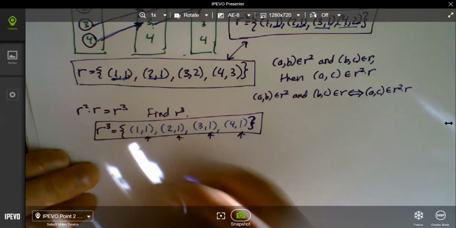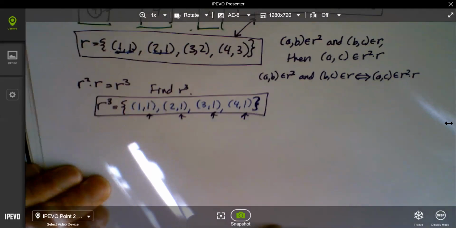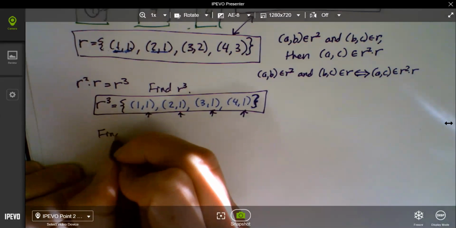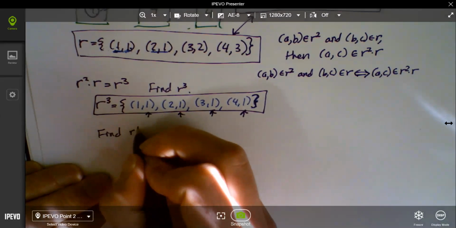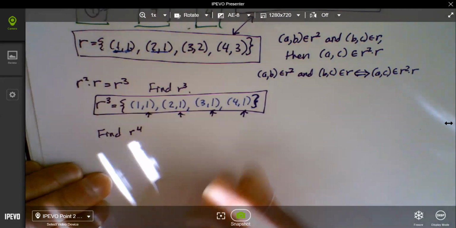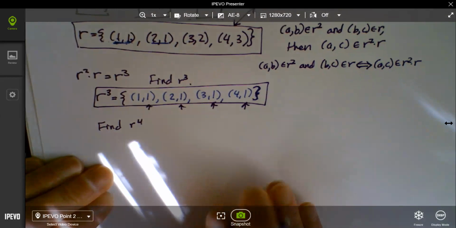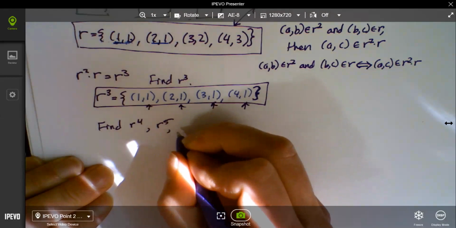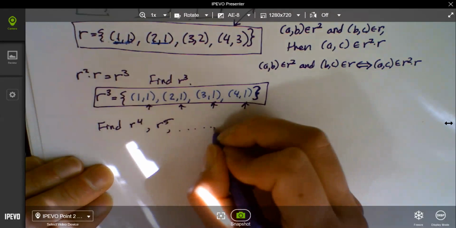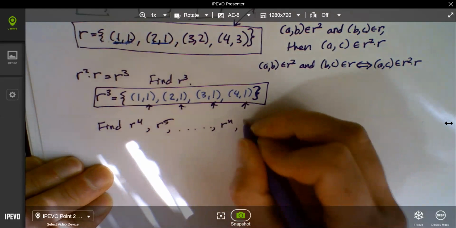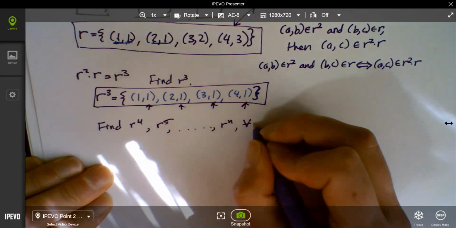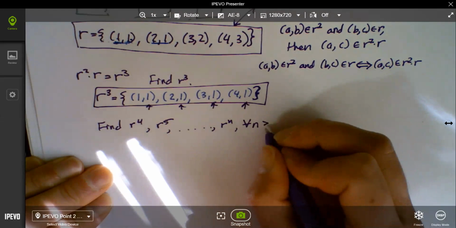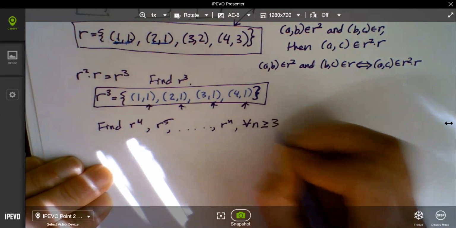So my challenge for you is to find R to the 4th, R to the 5th, and in fact R to the n for all n greater than or equal to 3.